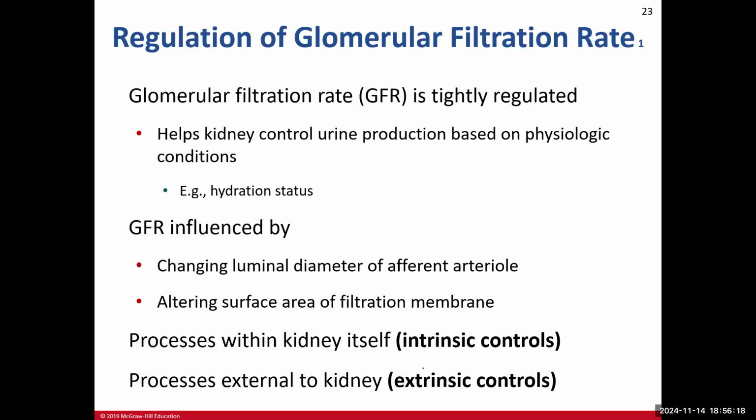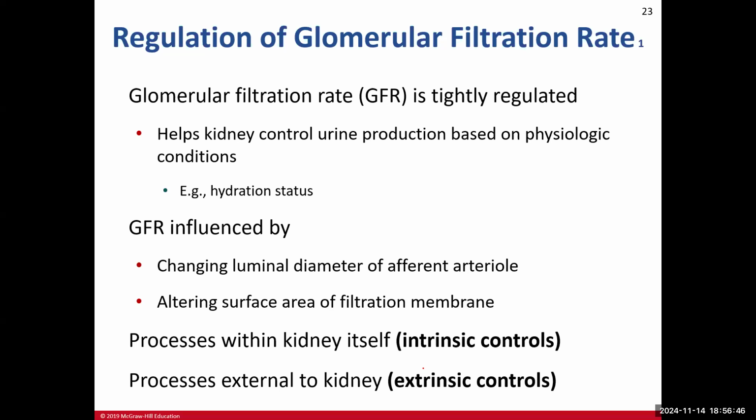The first thing, and I mentioned this before, is that we can make the diameter of the afferent arteriole bigger or smaller, which will affect the flow of blood into the glomerulus. Another way to affect our GFR, how much fluid is being pushed out into the capsular space, is that we'll mess around with the filtration membrane.